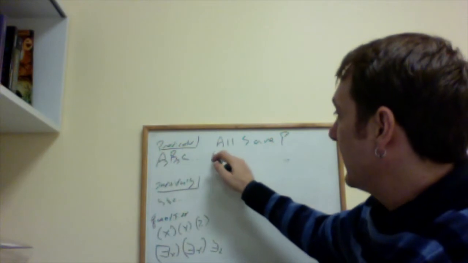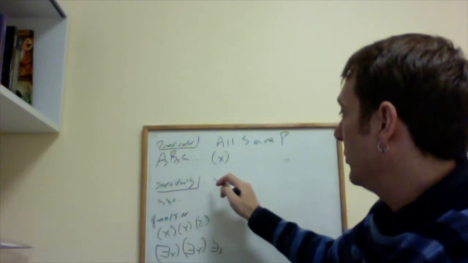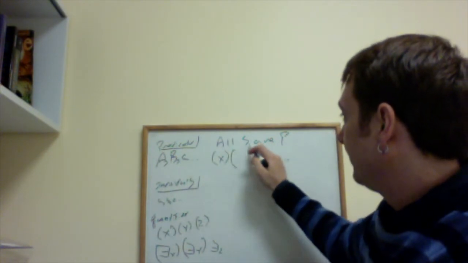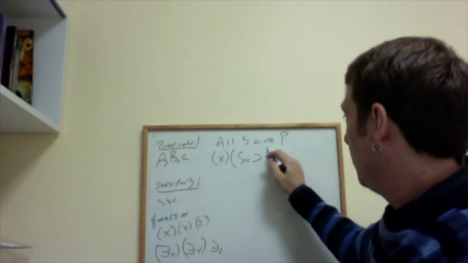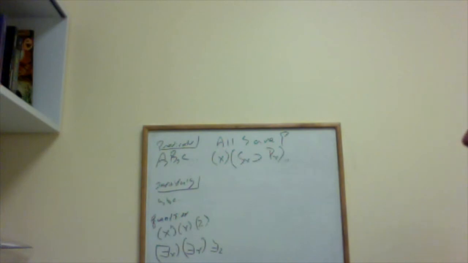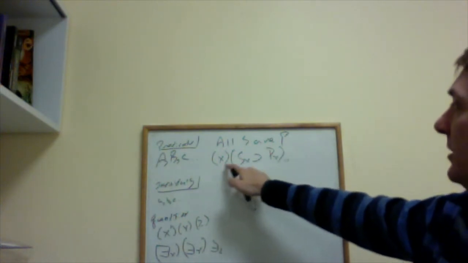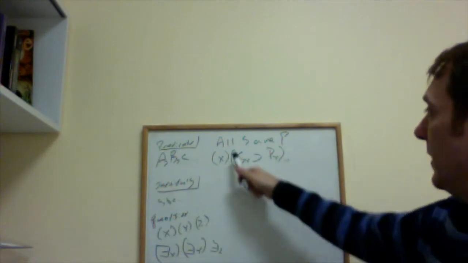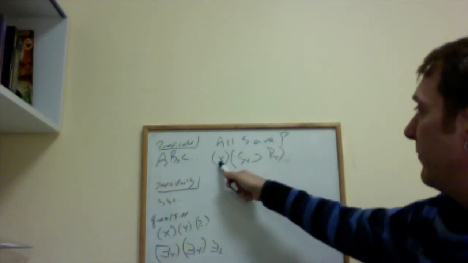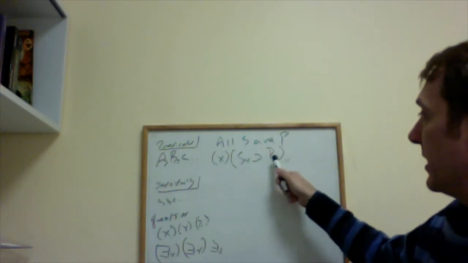The way you would translate that is you first use the universal quantifier, (x)(Sx ⊃ Px). That's the way you translate this. This says for all X, if X is an S, then X is a P. So if all dogs are mammals, then for all X, if X is a dog, then X is a mammal.